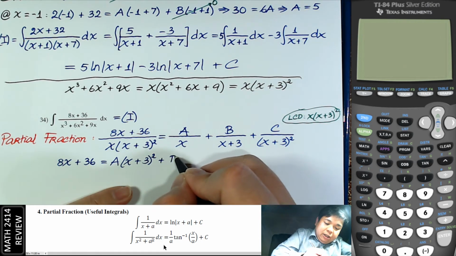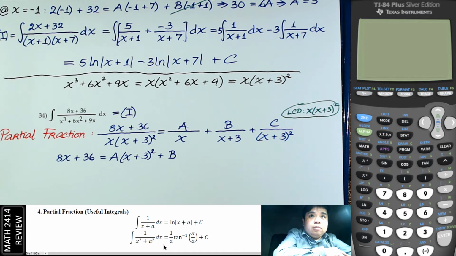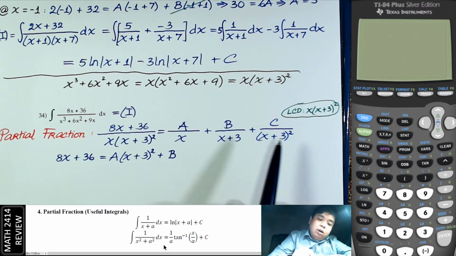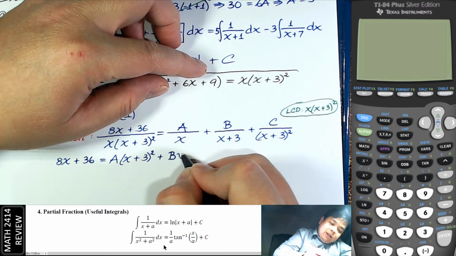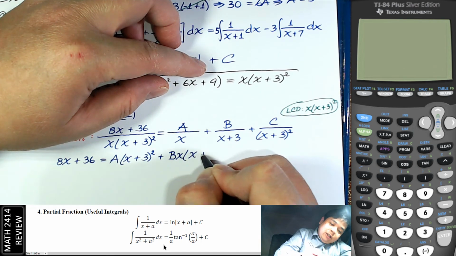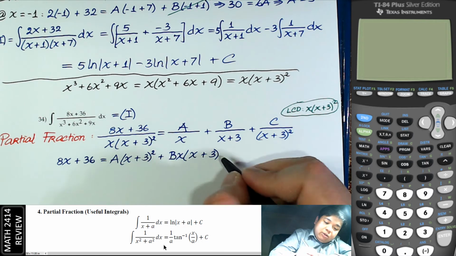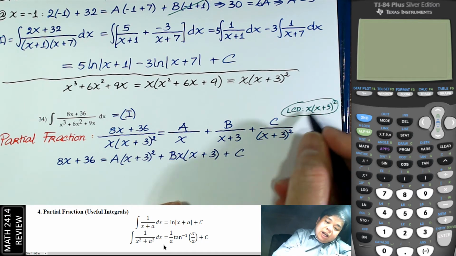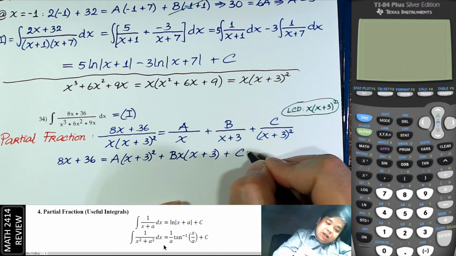And b. x plus 3, one of them cancels out. We have x and x plus 3, because one of the x plus 3 cancels out. And then for c, x plus 3 cancels out, we have c times x.